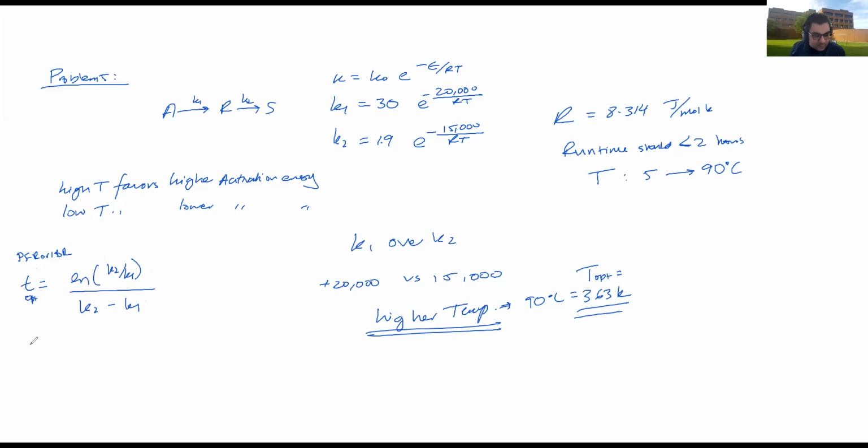And we said CR max over CA naught is (K1/K2) to the power K2/(K2 minus K1). So I'm going to use these two equations at a temperature of 363 to evaluate my optimum time and my highest ratio of CR max to CA naught.